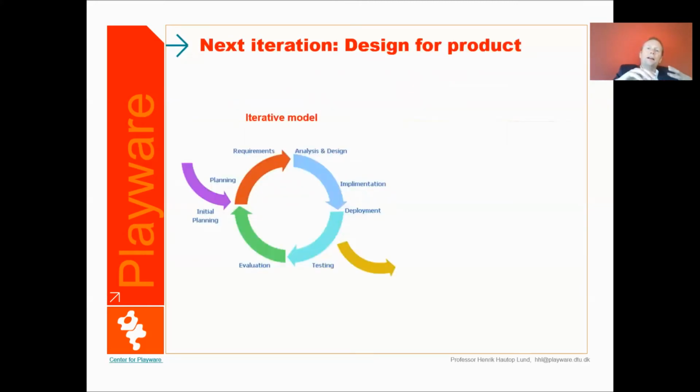So as you can see here, just to repeat, we're going through this iterative model every time, looking at design, implementation, deployed out in different tests, and then we evaluate on this test. Based on this test, we get ideas for the next prototype round. What are the requirements for the next round?